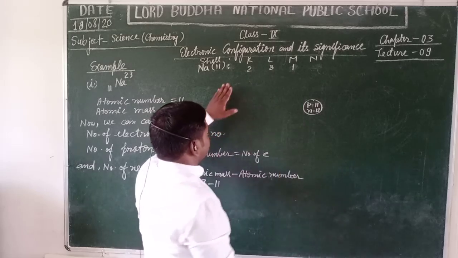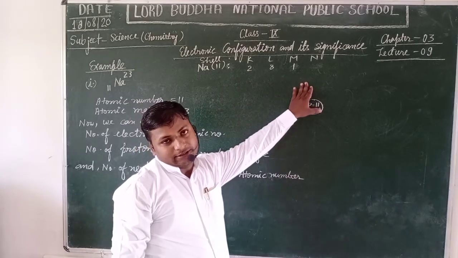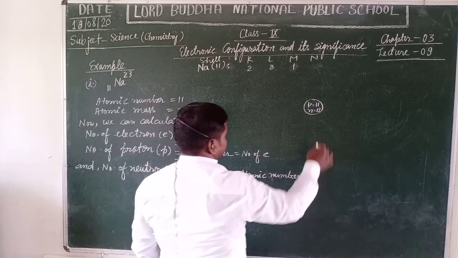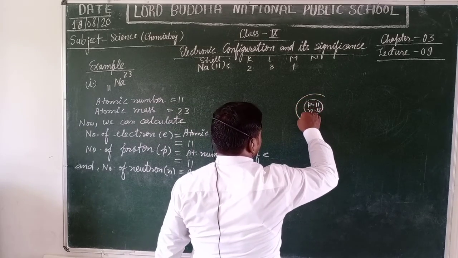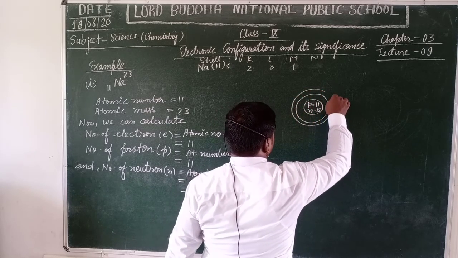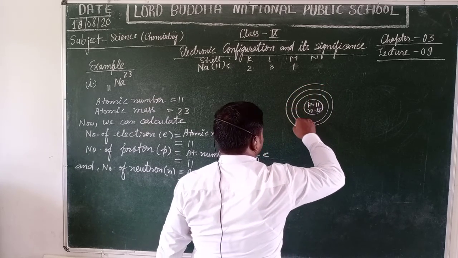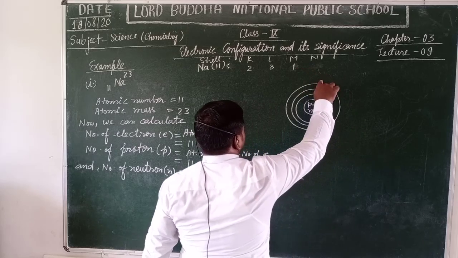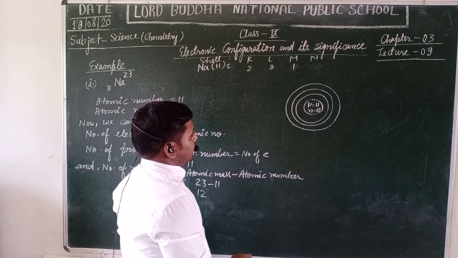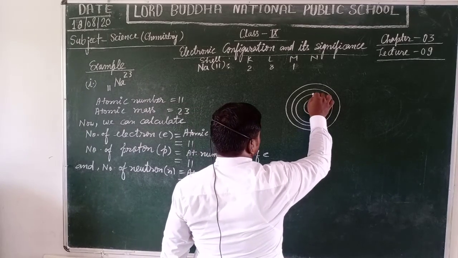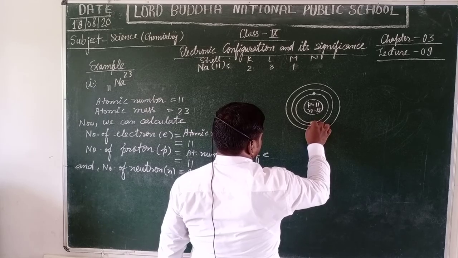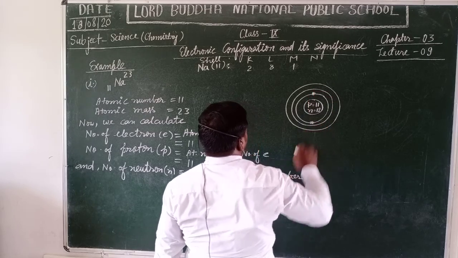Now, how many orbitals or energy levels does the sodium atom have? Yes, the sodium atom has 3 orbitals or energy levels. This is the first energy level, the second energy level, and this is the third energy level. In the first energy level, there are 2 electrons, which I illustrate here by dots.